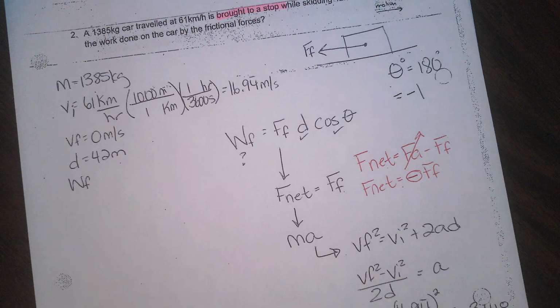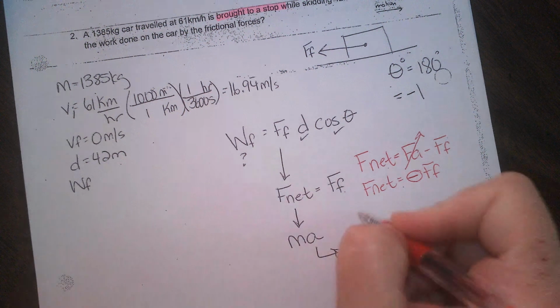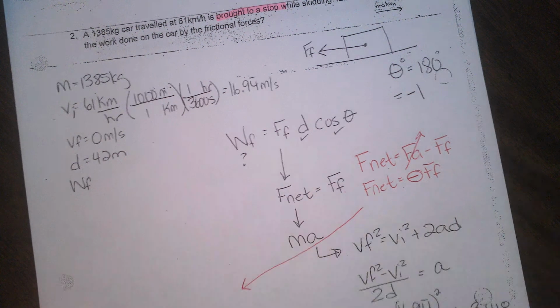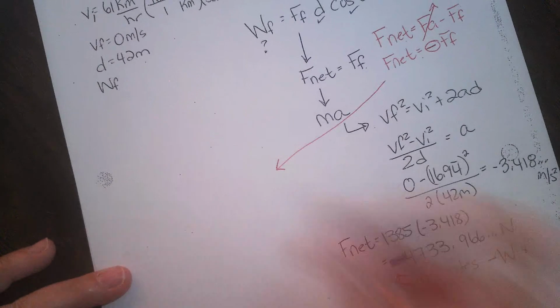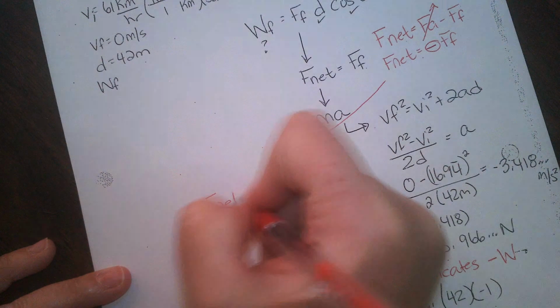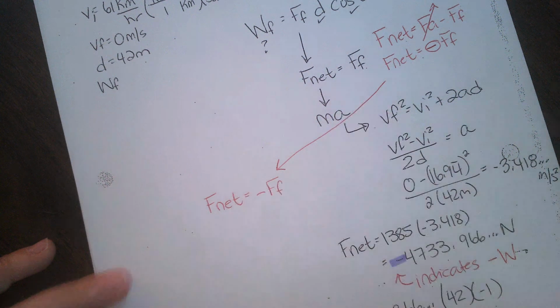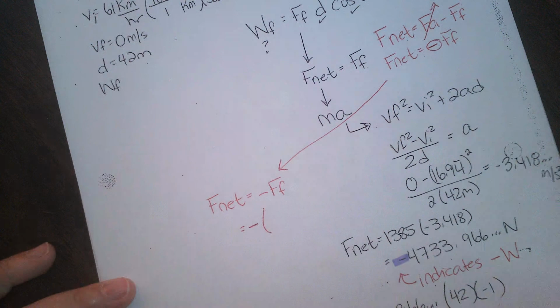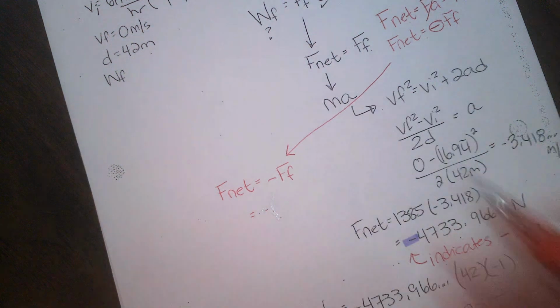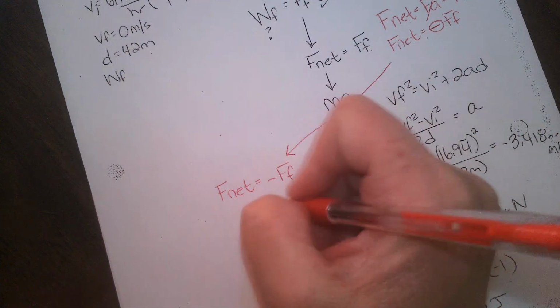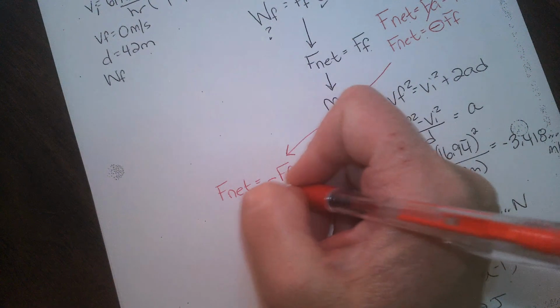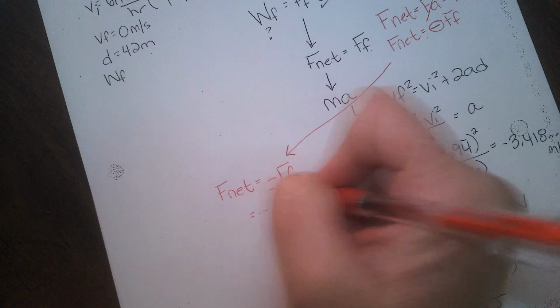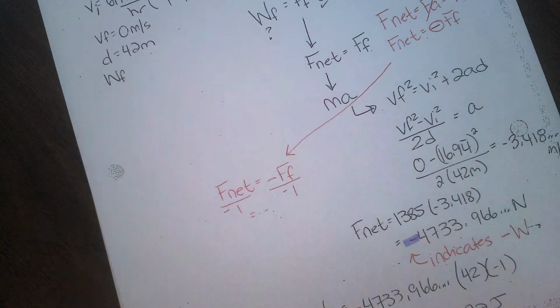Okay. I'm going to shift your mind a little bit. If I take this and bring it over here, and I say force net is equal to negative force of friction, and then I took my value, here's my negative, and I put what I calculated here. Hang on, I did that a little bit backwards. Okay. If I want to solve for force of friction, if I divide by negative 1, I remove the negative.